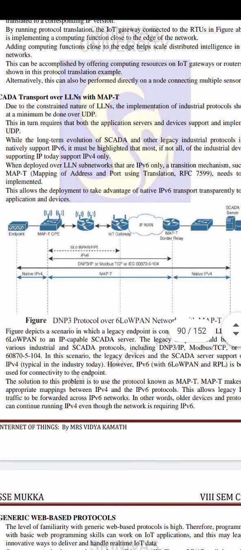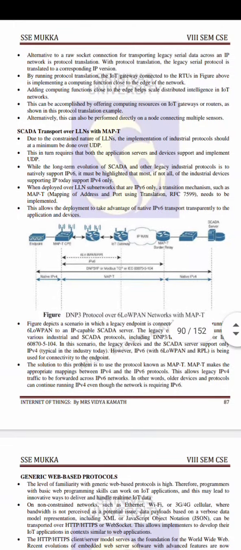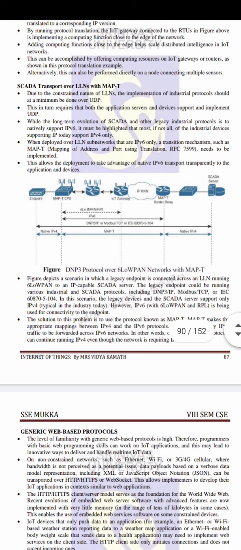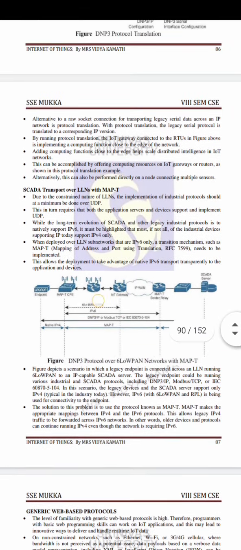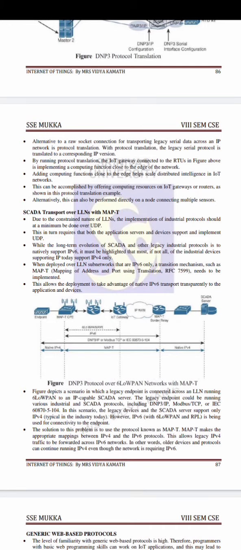And this IPv6 is a low power lossy network, which will in turn be using 6-LoWPAN as the adaptation layer. So this is how you can convert and use your SCADA for any kind of network, whether it is lossy or lossless. So this is all about SCADA.